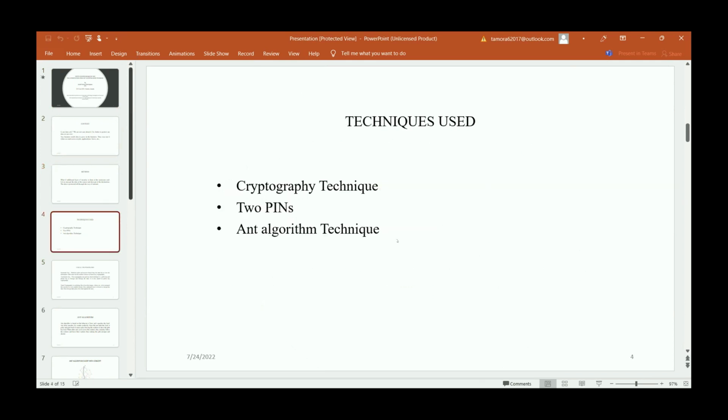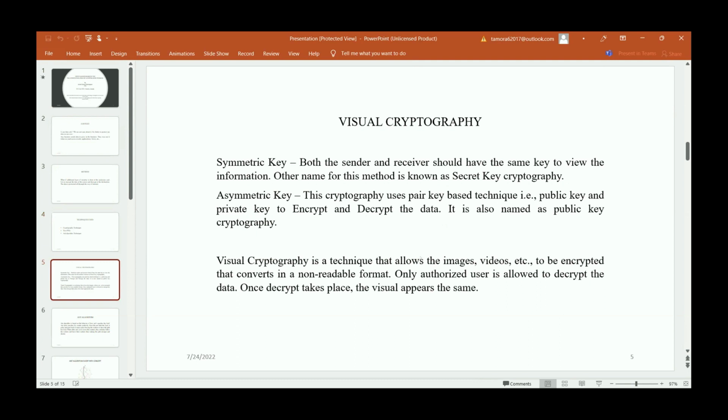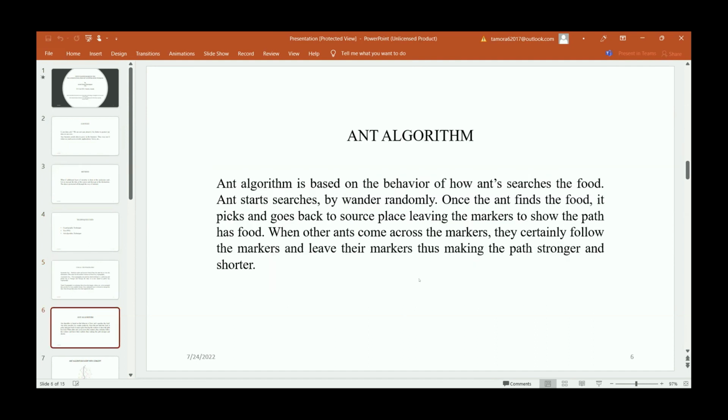This slide is the technique I have used in this paper: a cryptography technique, the two pins, and the ant algorithm. I explained the cryptography and visual cryptography in this slide. Next comes the ant algorithm. So here is where I left, so let me continue from here.